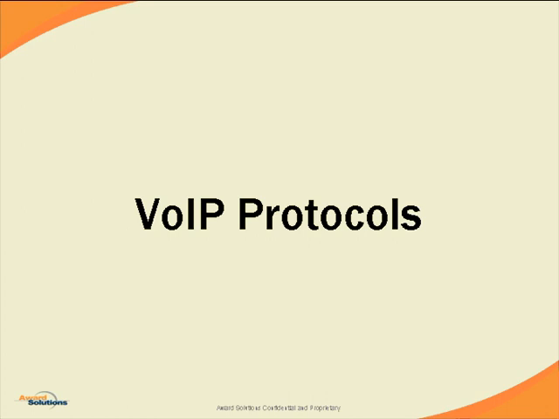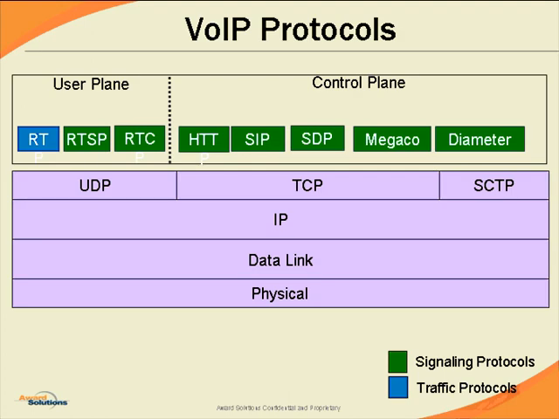The next few minutes we would spend on various protocols. So when we have a voice over IP call, we need some protocols to support signaling. We need some protocols to help with the medium itself, the voice medium. So let's see what those protocols are doing. User plane.